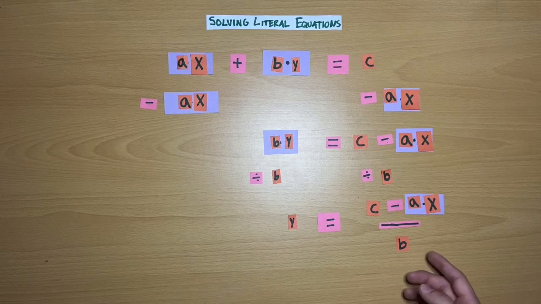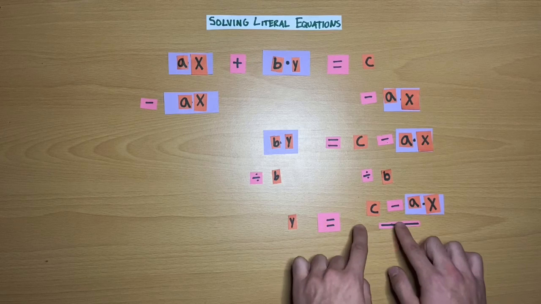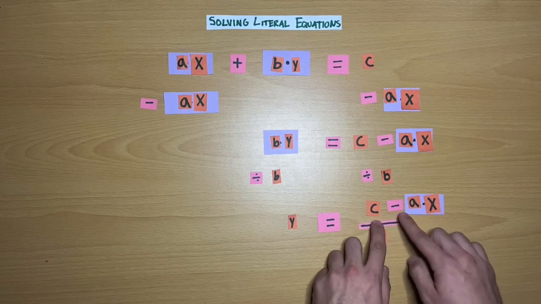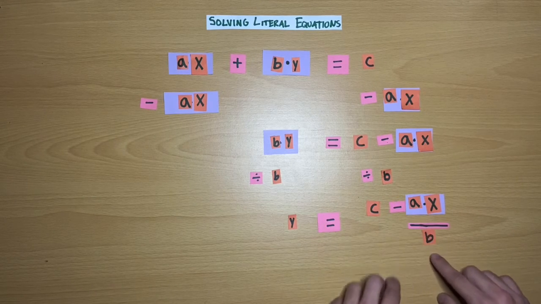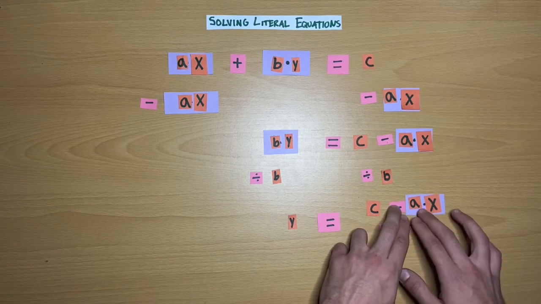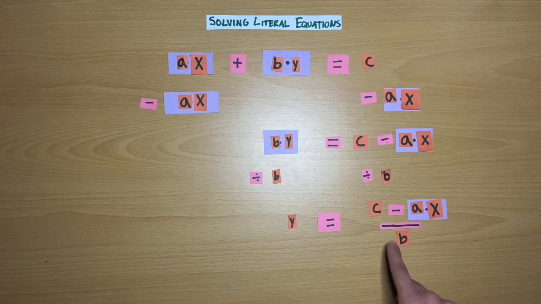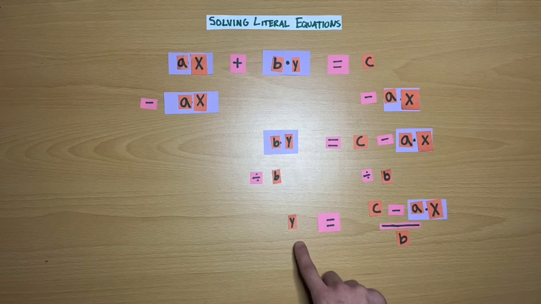What you could have also done is break this fraction up into 2 and do c divided by b minus a divided by b. Those are both perfectly acceptable. But usually you'll try to keep things simple, place it all under one denominator, and here we have our final answer.